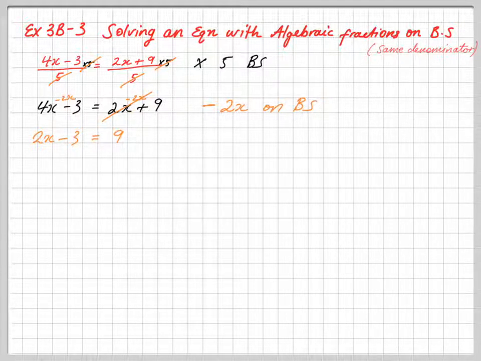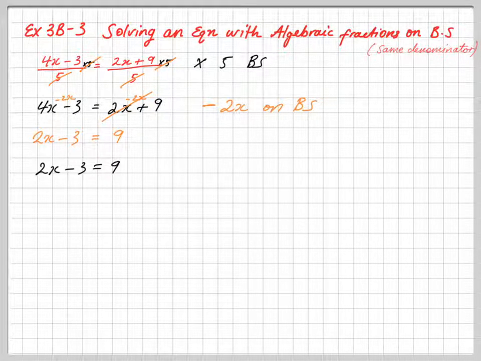Then I'm just going to rewrite this new equation that we have, okay? Still balanced because we multiplied 5 on both sides and we subtracted 2x on both sides.